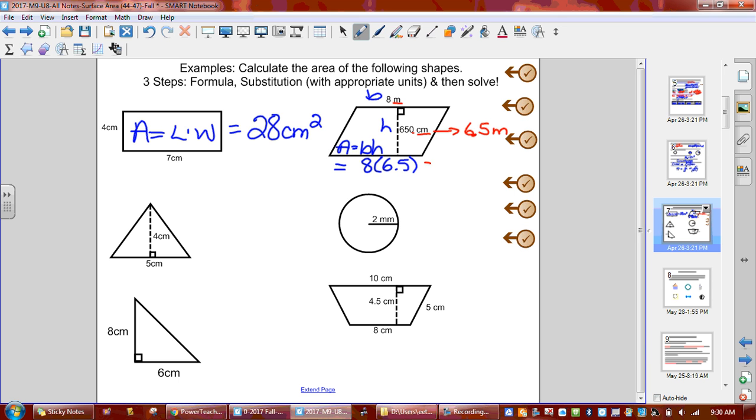meters squared. Now, could we find centimeters squared if we wanted to? Yes, because we know that we can take a centimeter squared and convert it to meters squared and vice versa. So I could take meters squared and go to centimeters squared.